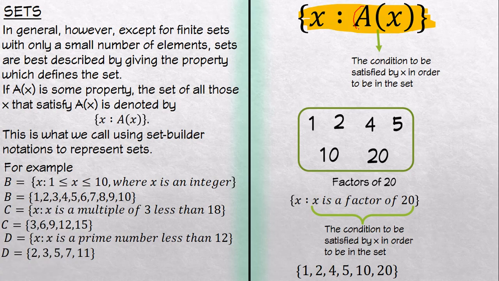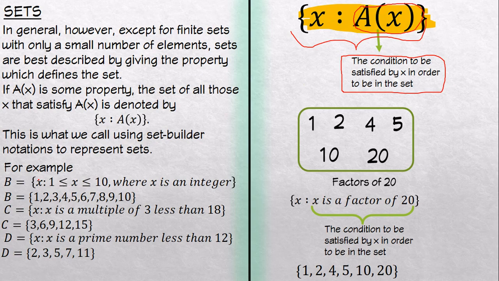This A of x is just the property that x will have to satisfy in order to be in this set. So the property to be satisfied by x in order for it to be in the set.